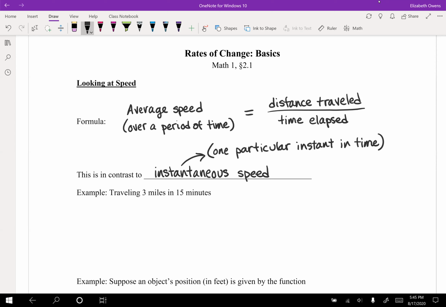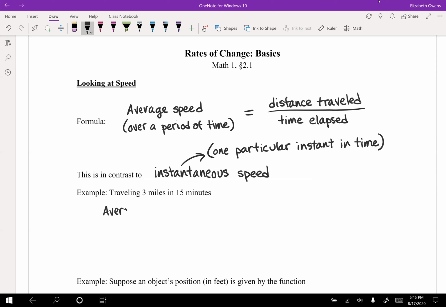Okay, so we can look at this idea with a little example. If you think about traveling 3 miles in 15 minutes, let's say you're out for a little bike ride or something, and you end up covering 3 miles of distance, and it takes you 15 minutes to do so. Well, from that information, we can get your average speed pretty quickly.